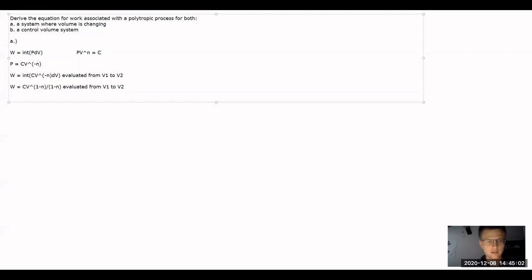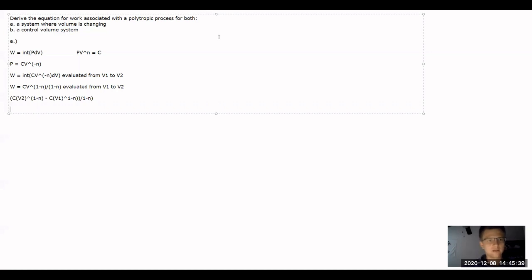So we end up with C times V2 raised to the 1 minus n minus C times V1 raised to the 1 minus n, and then this whole expression divided by 1 minus n.